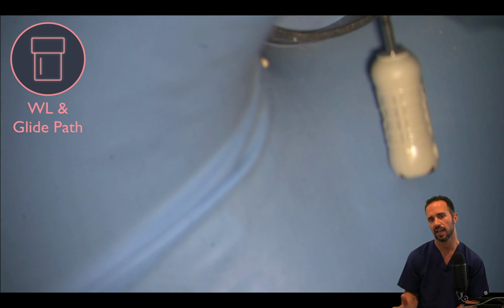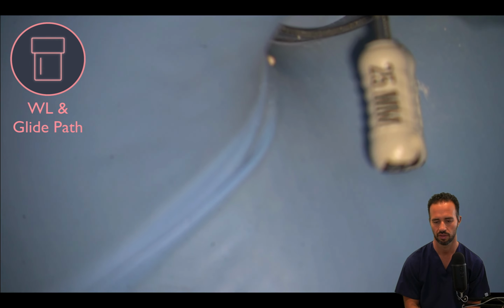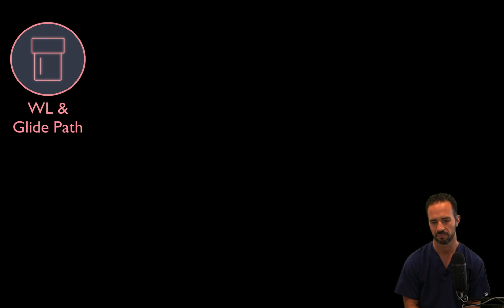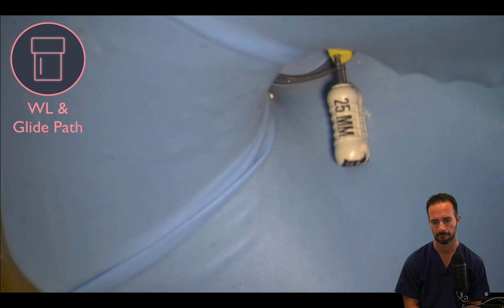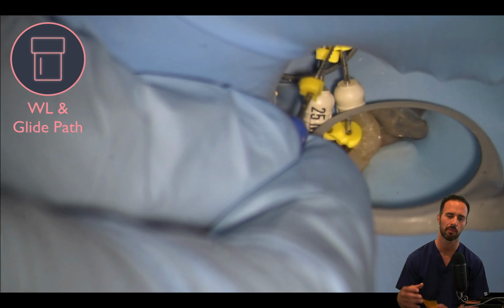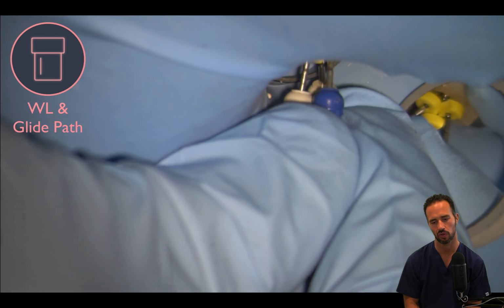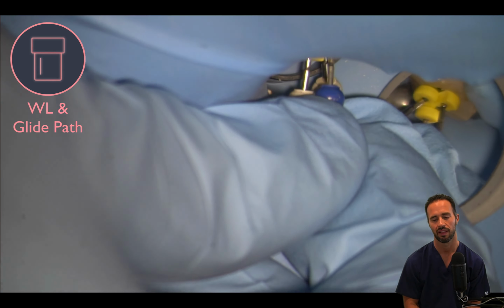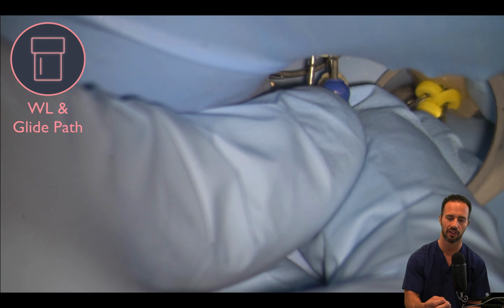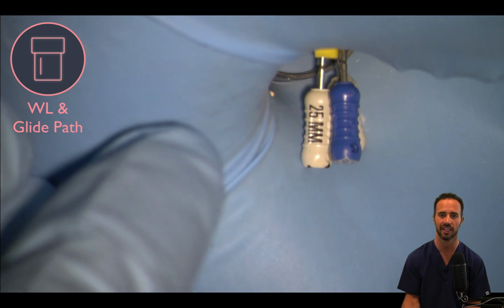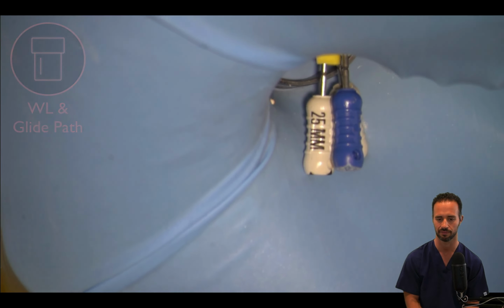So one by one, we're just loading this tooth. And here is that 30 file that's going to go into the palatal. I recommend when you're putting all your files, especially in upper molars, do the palatal canal last in terms of seating the file, because it's going to be the easiest because it's such a large canal.